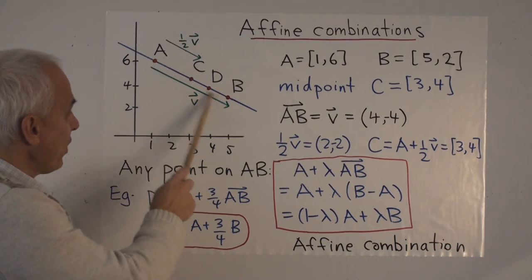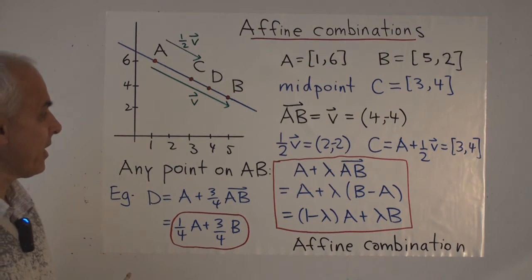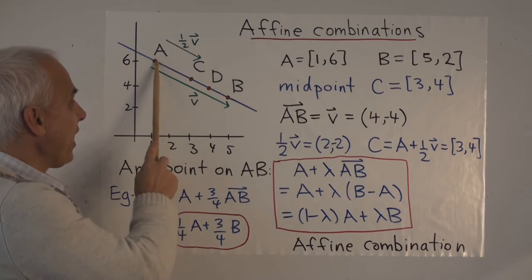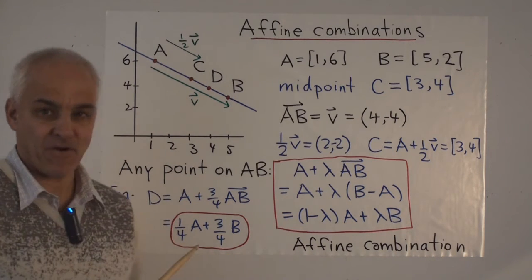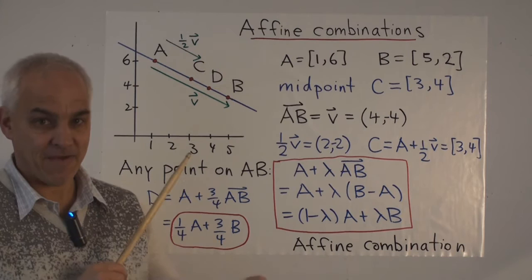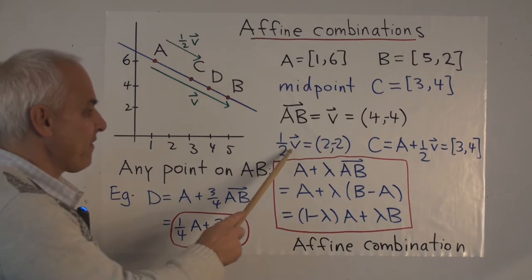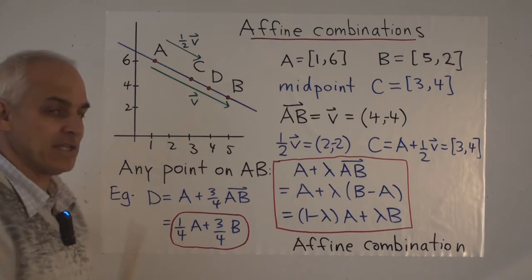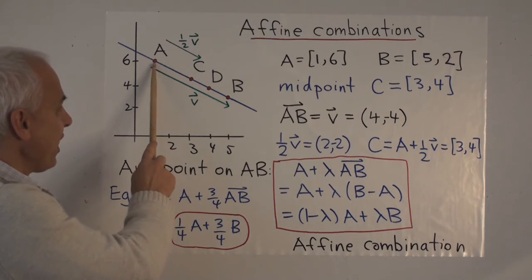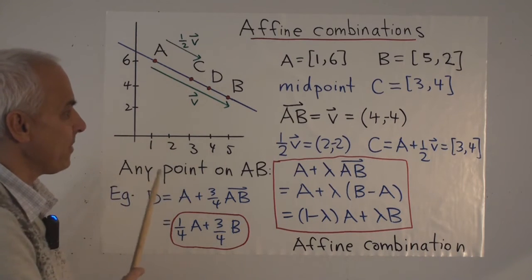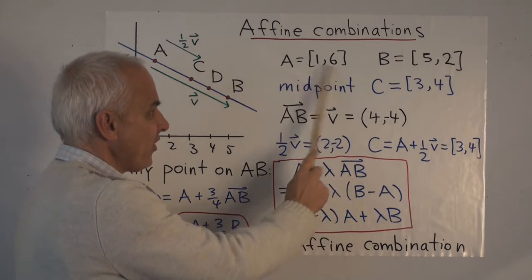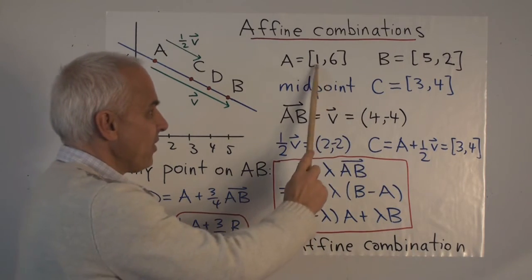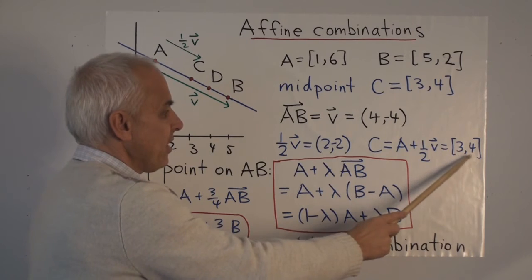That's the vector joining A to B. Now, if we're interested in the midpoint, we can start at A and add half of that vector v, half the way to B. So half of v will be the vector (2, -2). And so another way of obtaining this midpoint C is to start at A and add half of v. So we take the point A, which is (1, 6), and we add half of v, (2, -2). And if you add this and this, you get (3, 4).